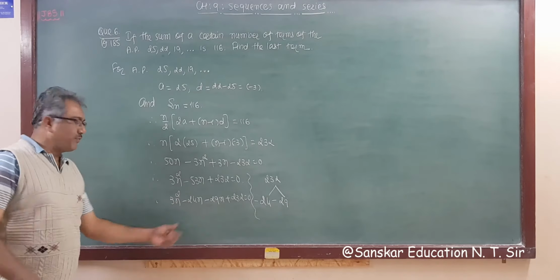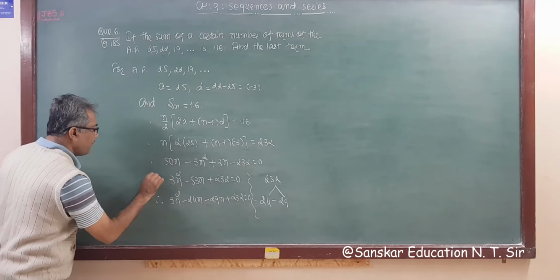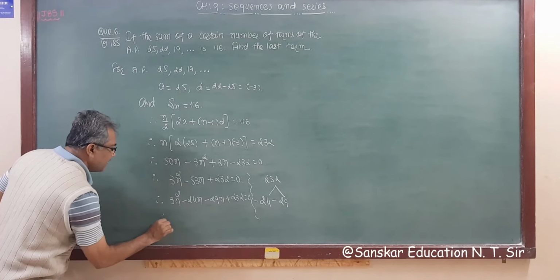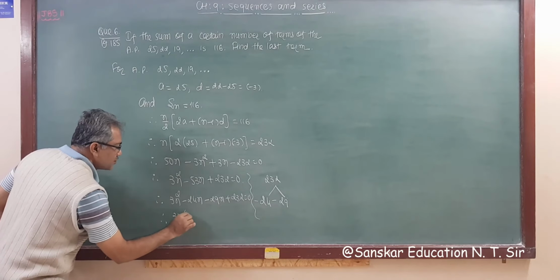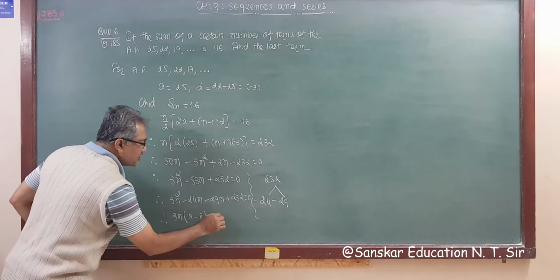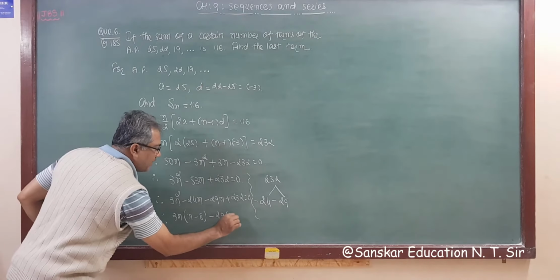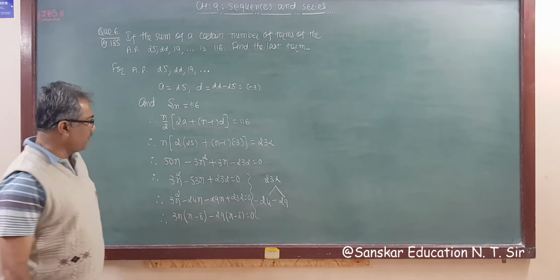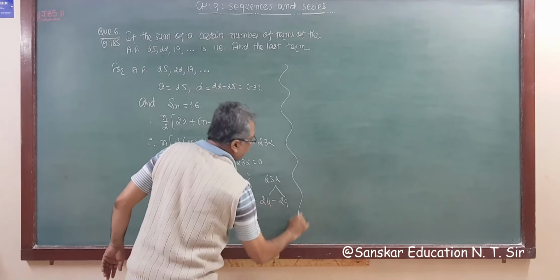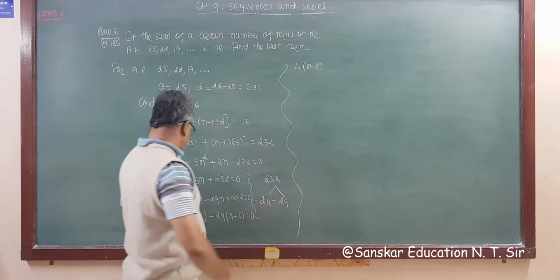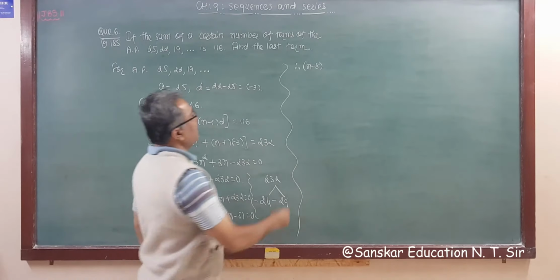So taking 3n common from here, what we get? 3n common, (n minus 8), minus 29 common, (n minus 8) is equal to 0. So n minus 8 is common, remaining is 3n minus 29.